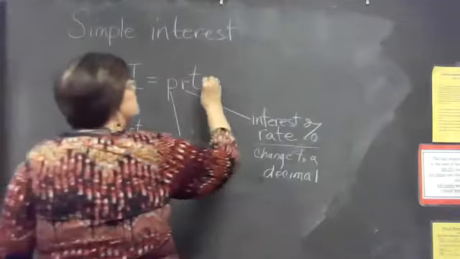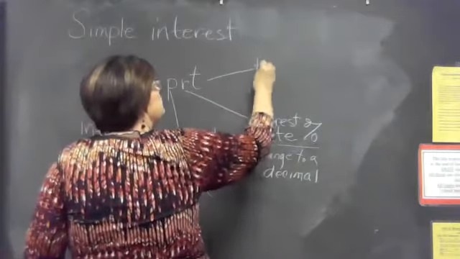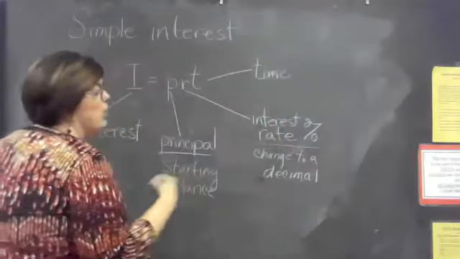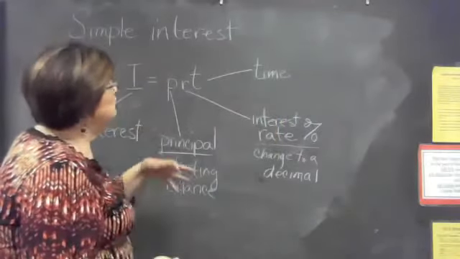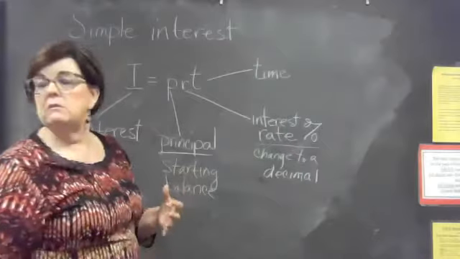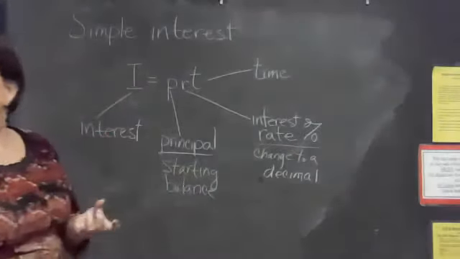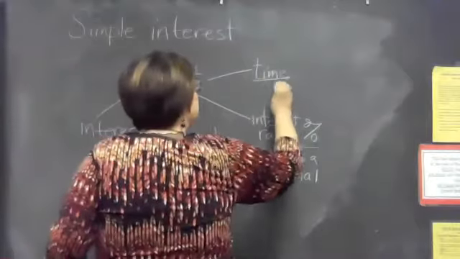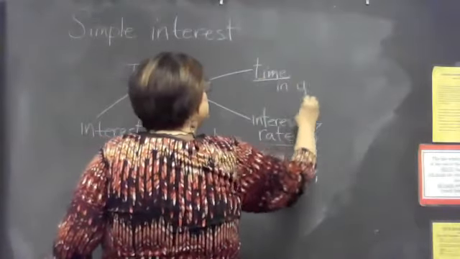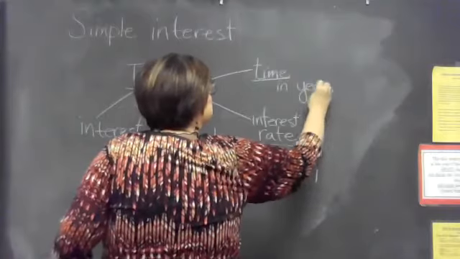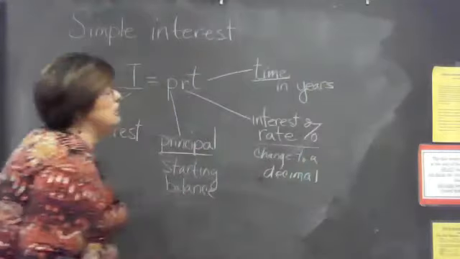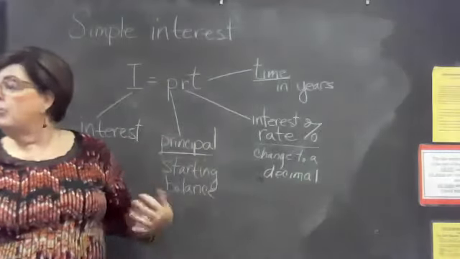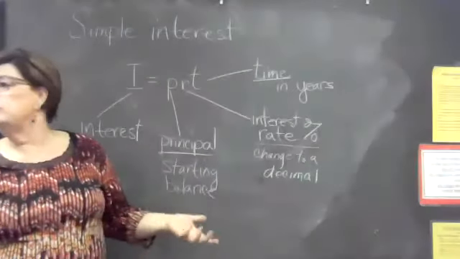And the T stands for the time that you borrowed the money, or the time you're going to leave the money in the savings account. Now the time is very, very important. It has to be in years. Most of the problems will give you years, like I borrowed this money, I'm going to pay it back in 3 years.